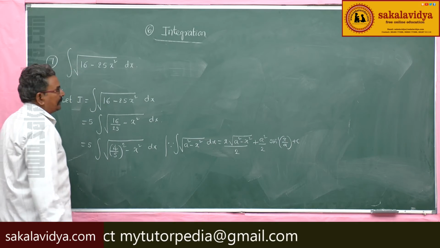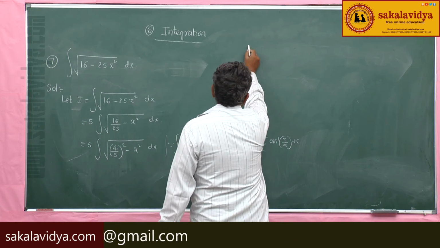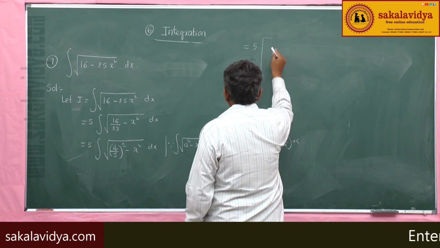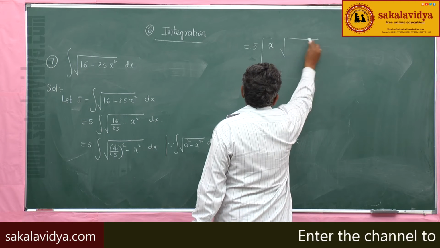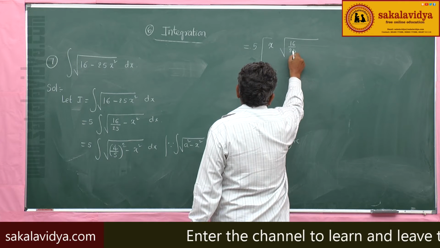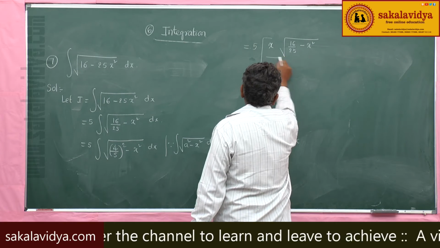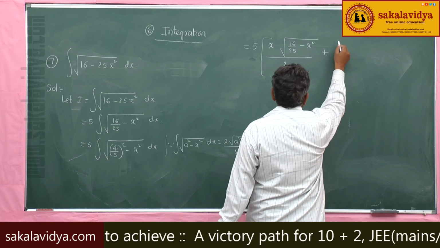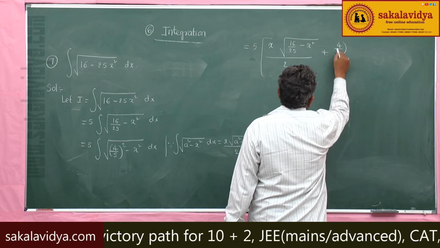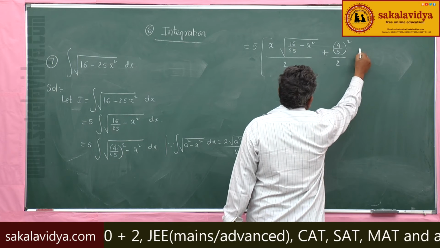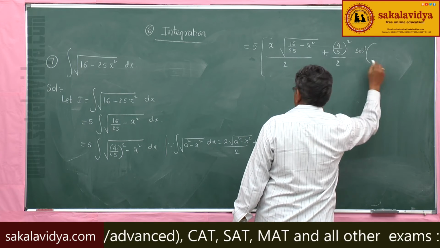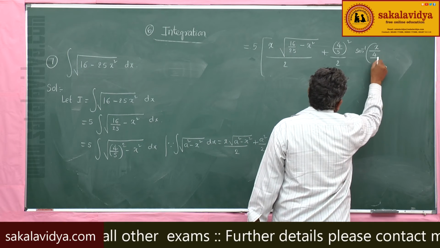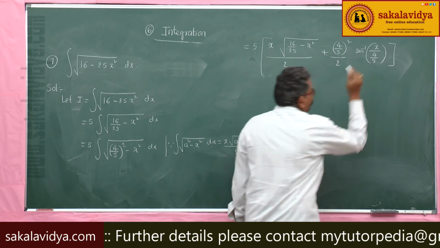Now, using that one, here we write 5 multiplied by x root of 16 by 25 minus x square by 2 plus a square, a square means (4 by 5) whole square by 2, sin inverse x by a, x by 4 by 5.